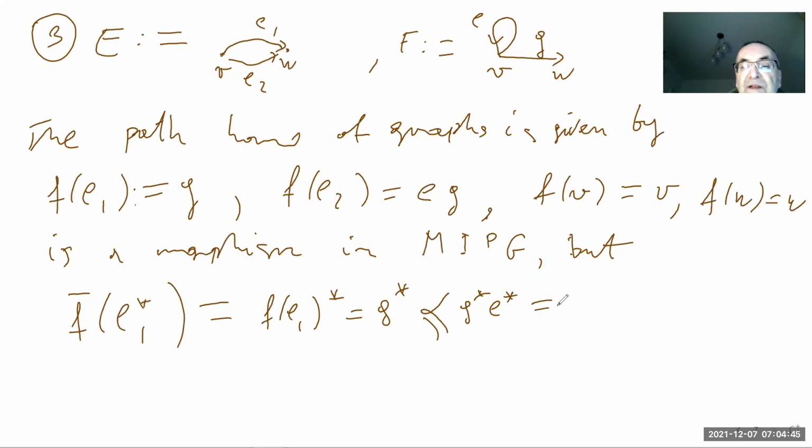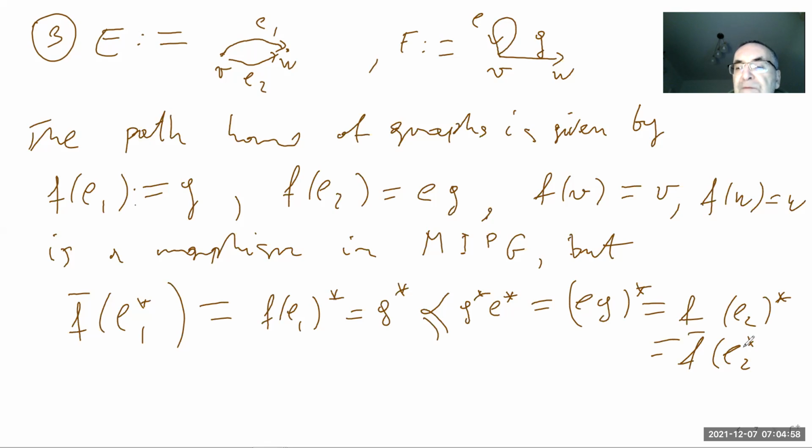But this is equal to EG star, which is f of E2 star, which is f bar of E2 star. Okay, so I have that f bar of E1 star is less than or equal to f bar of E2 star. Okay, so if the M condition were to be satisfied, I would have to have E1 star equal to E2 star, but it's the same as E1 equal to E2, which is not true. And E1 star is not equal to E2 star.